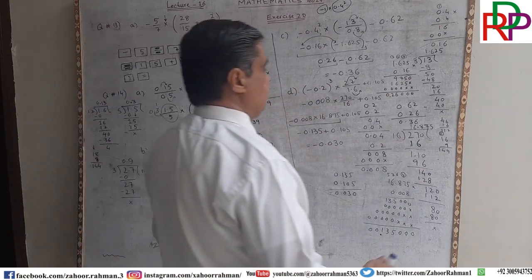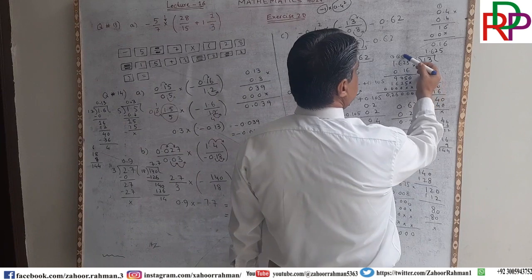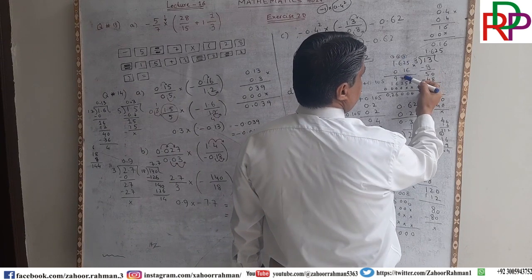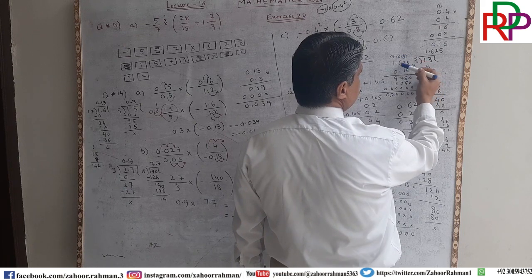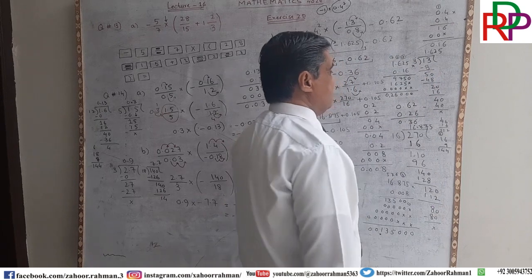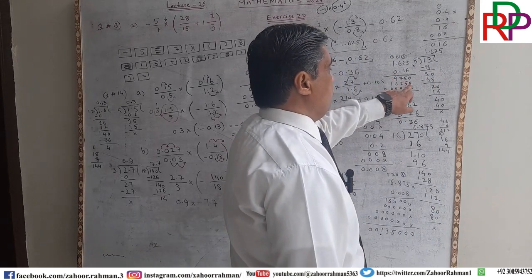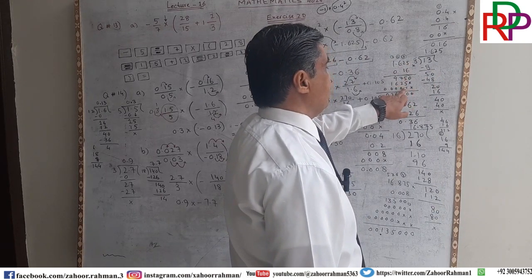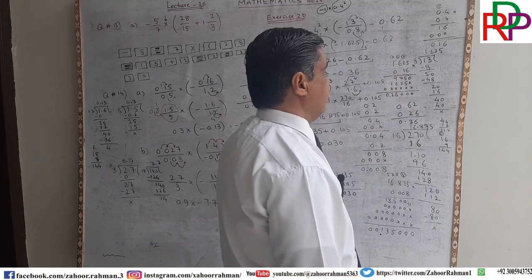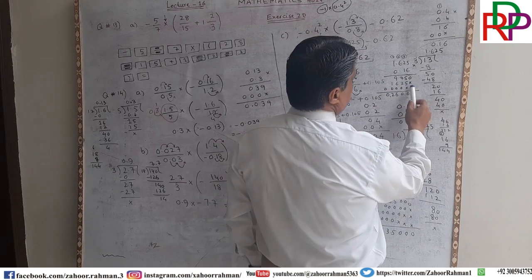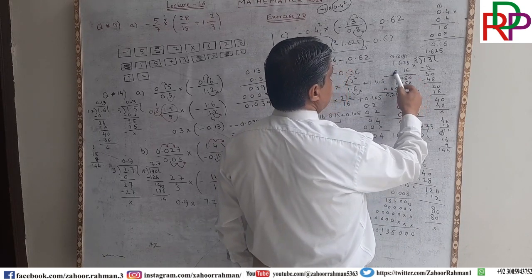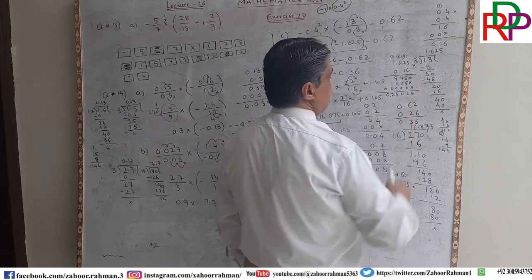So when we multiply this, 6 fives are 30, 3 will be carried, 6 twos are 12 and 3 is 15, 1 will be carried, 6 sixes are 36, 37, 3 will be carried, 6 ones are 6 and 3 is 9. 1 cross and 1 five is 5, 1 two is 2, 1 six is 6, 1 one is 1, and then 2 crosses, and 0 fives are 0, 0 twos are 0, 0 sixes are 0 and 0 ones are 0.